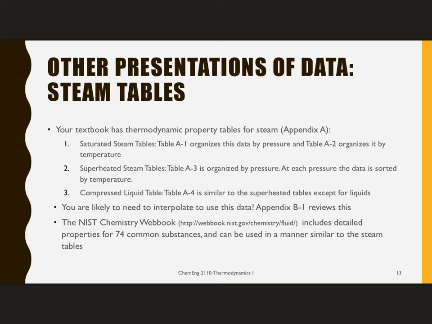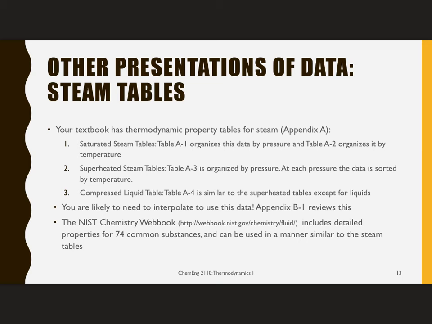There are also other ways that this is going to be presented. Well, they take these tables and have set them to computer codes that are going to do all of that interpolation for you. The NIST Chemistry Webbook is probably the best source for this.